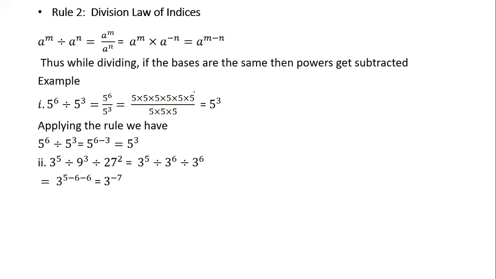Therefore, this will cancel one of these, and this will also cancel one of these, and this will also cancel this. Good. Now looking at the number of 5s that remain, 1, 2, 3. Therefore, the answer becomes 5 power 3.